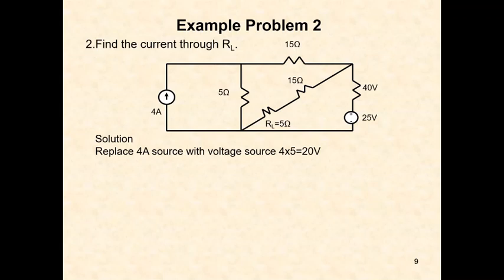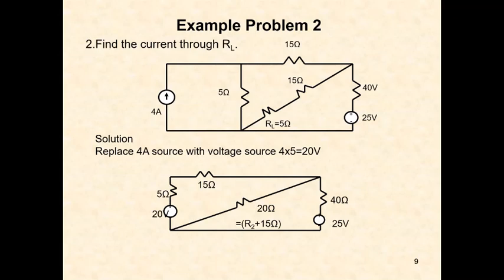The voltage is nothing but 4 amps into 5 ohms, that is 20 volts, and it is in series with the 5 ohm resistor. Then the circuit becomes easy to solve.